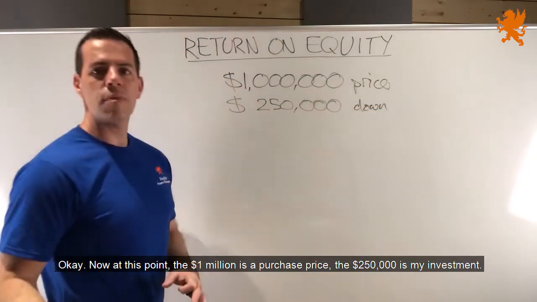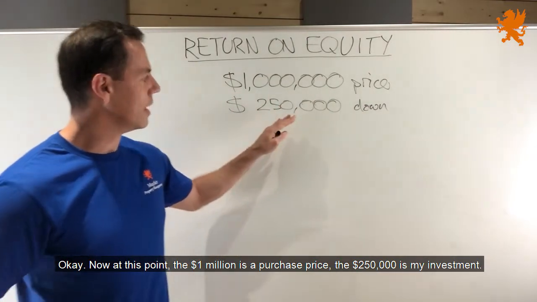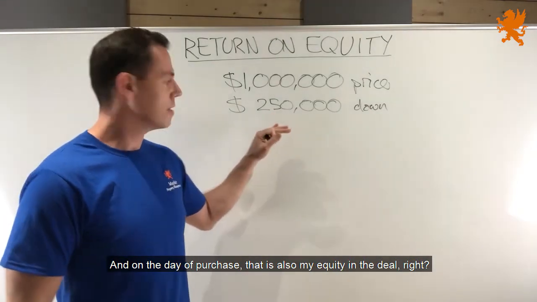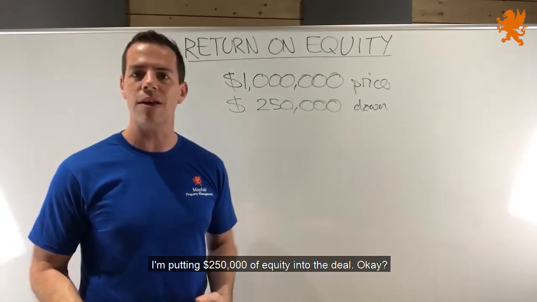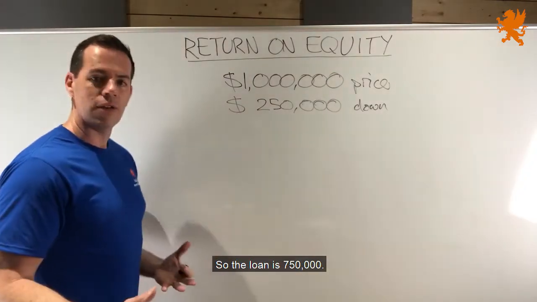Now at this point, the $1 million is a purchase price. The $250,000 is my investment. And on the day of purchase, that is also my equity in the deal, right? I'm putting $250,000 of equity into the deal. So the loan is $750,000.